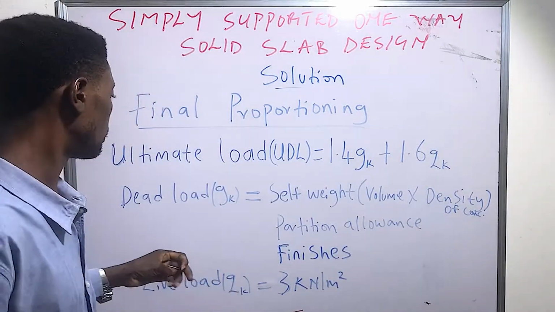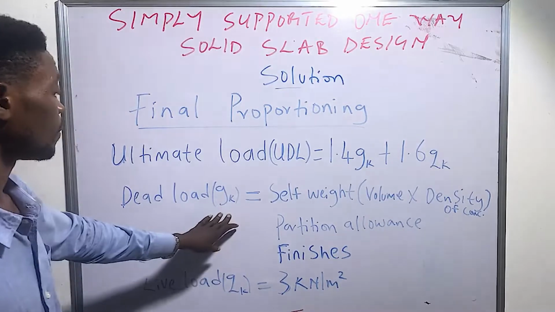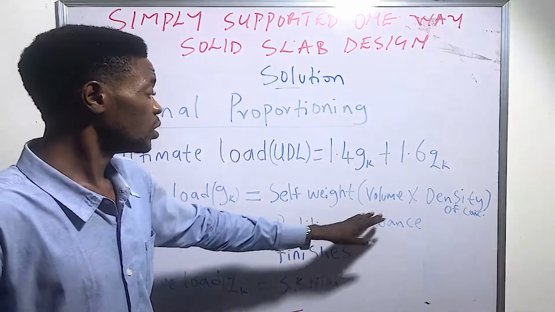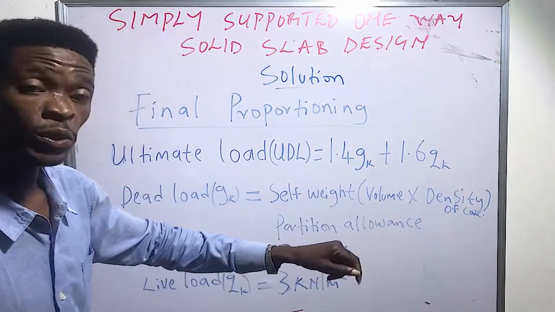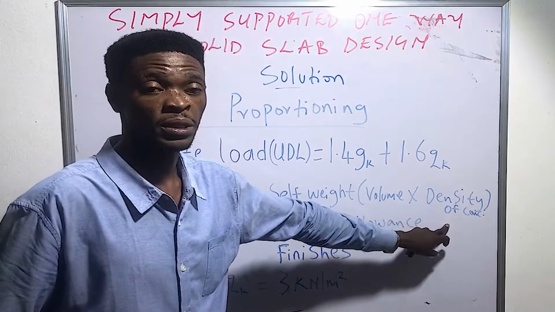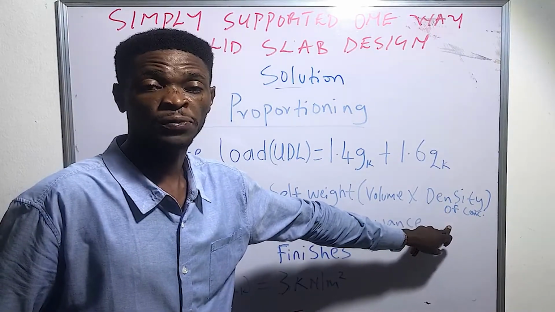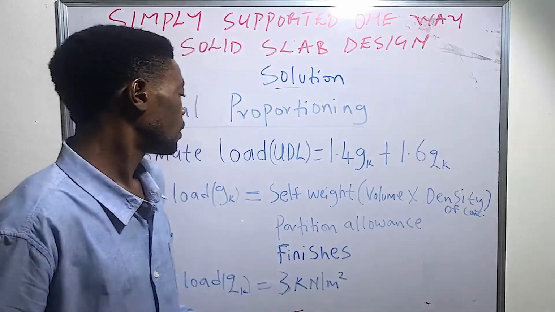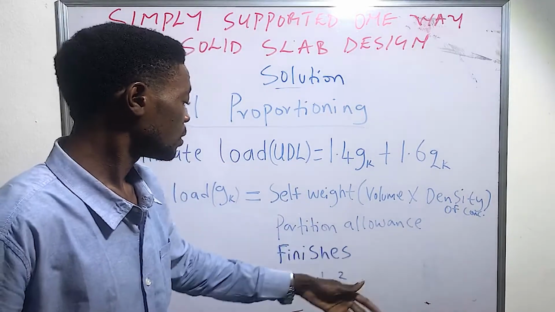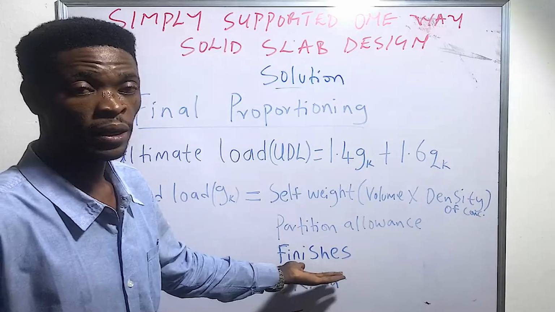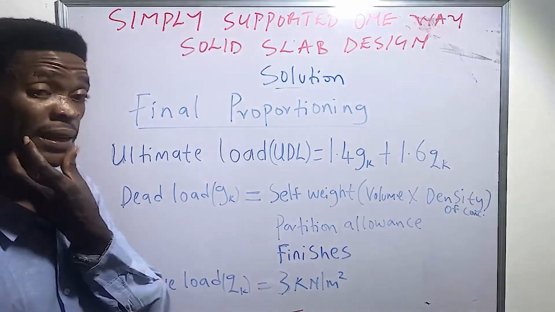Our dead load in this design comprises of the self-weight, which is the volume we are considering, multiplied by density of concrete. Density of concrete is 24 Newton per mm square. Partition allowance and finishes cover for others, which are considered in this design.